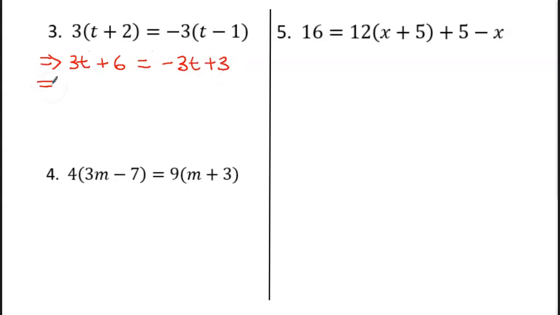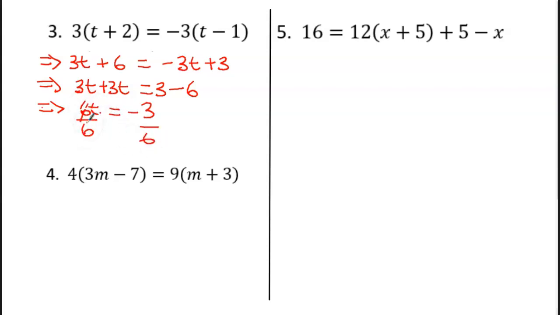So let's group the like terms. 3t plus 3t is equal to 3 minus 6. So 3t plus 3t is giving us 6t, which is equal to minus 3. Divide both sides by 6. 6 will cancel 6, 3 will go into 6 twice, so t is equal to minus 1 over 2.